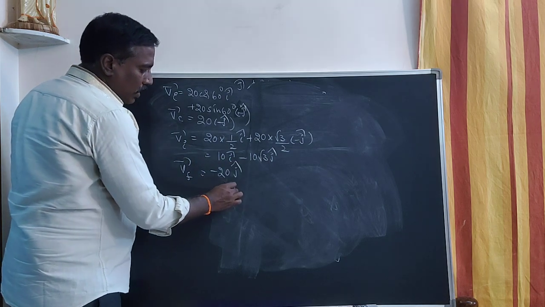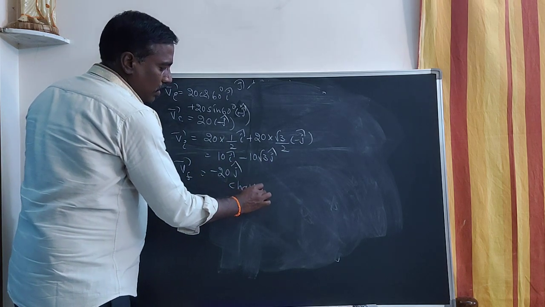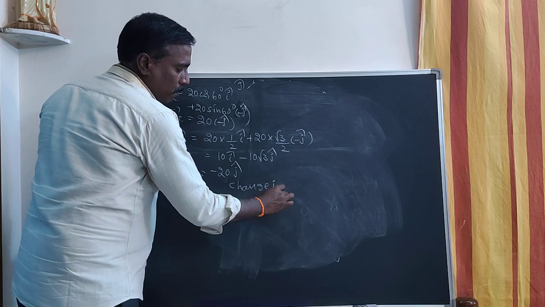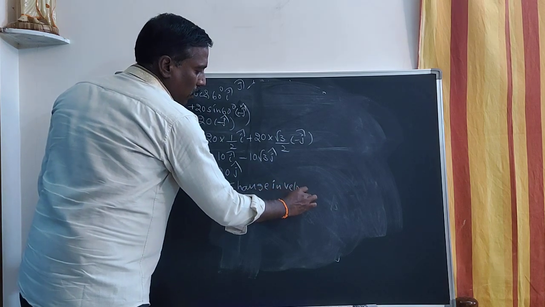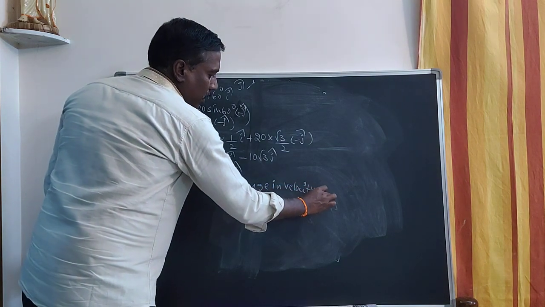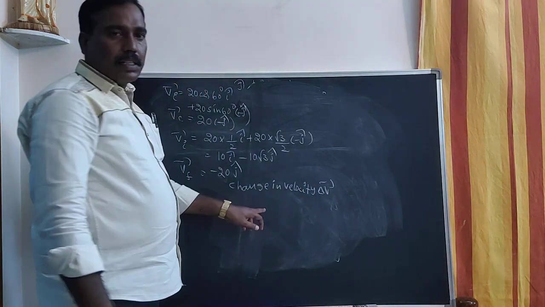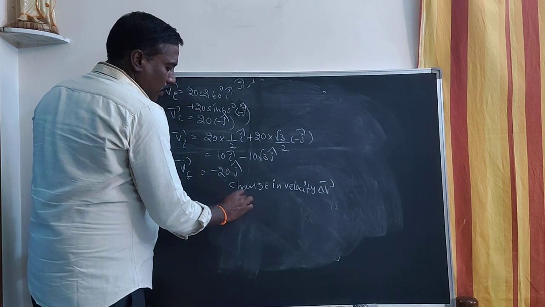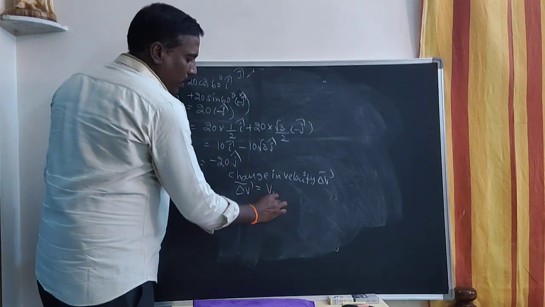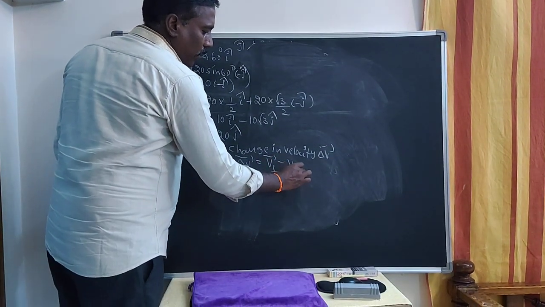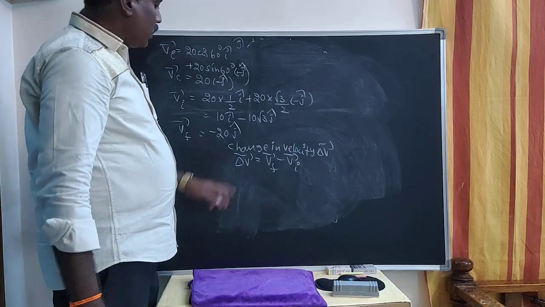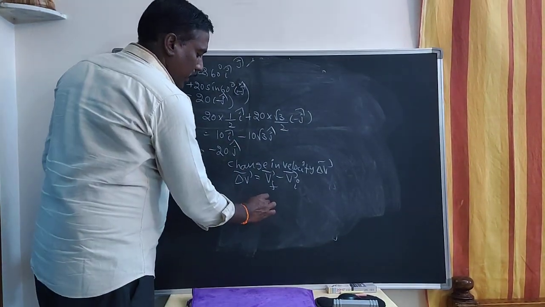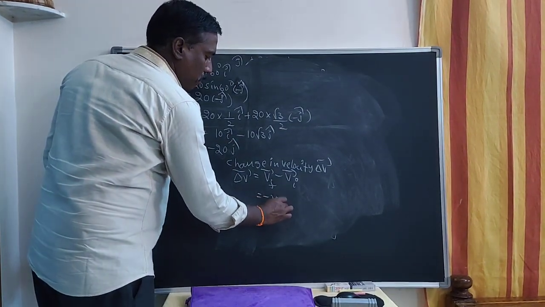What is the change in velocity? Change in velocity delta V bar is nothing but V final bar minus V initial bar. The final velocity is minus 20 j cap.